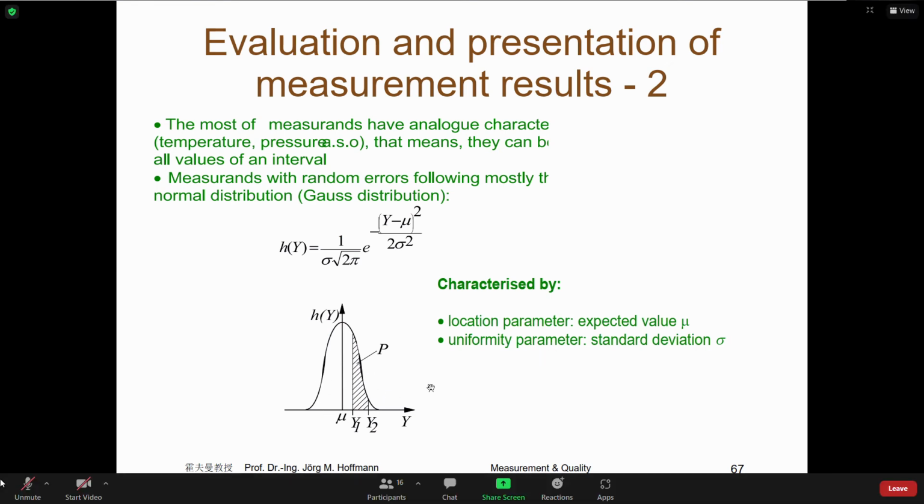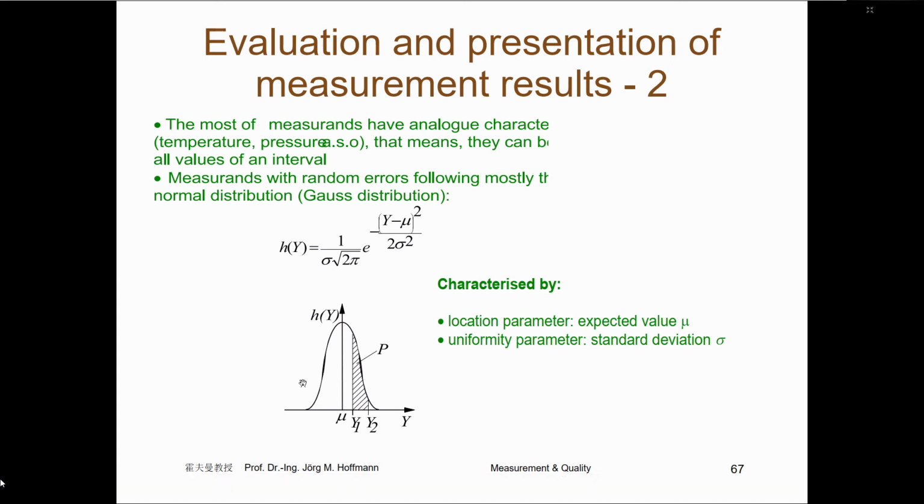How wide or how small is this deviation? The mu shows where the distribution is, on the Y axis as a measurement output signal, and the standard deviation says how wide or how small it is.